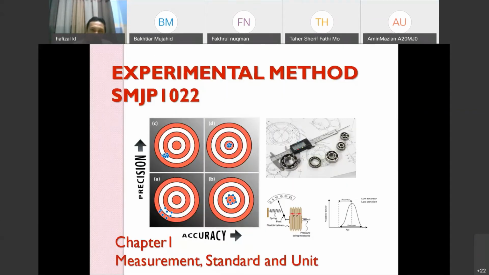Okay, we will go through chapter number 1, which is measurement, standard, and unit. This is basically from the physics you've learned in Form 4, or matrix. So this is quite basic.